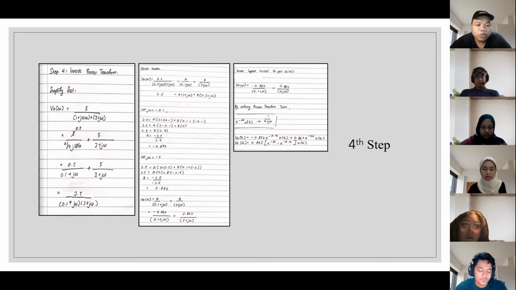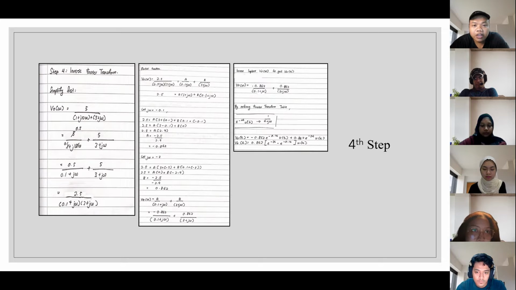negative 0.862. So we have V out omega equals A over 0.1 plus j omega plus B over 3 plus j omega, equal to 0.862 over 0.1 plus j omega plus negative 0.862 over 3 plus j omega.